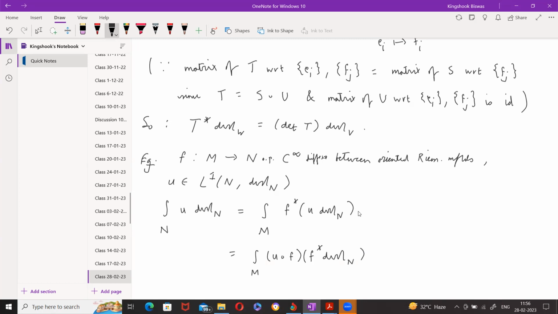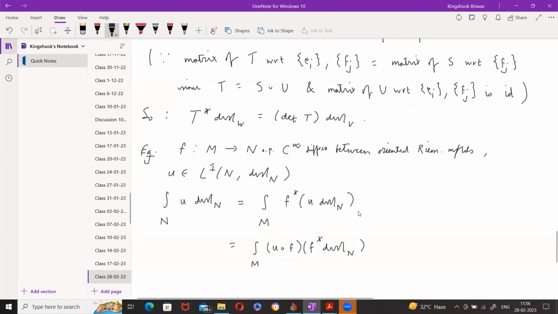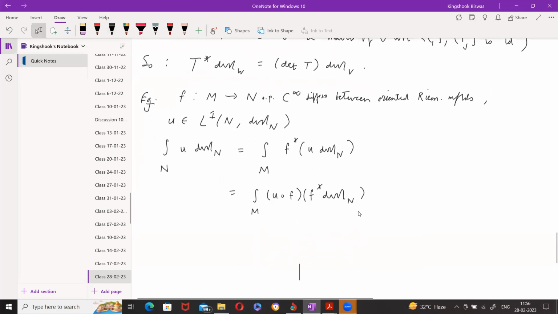So what will F star of dvol_N be? By what we did earlier, this is just the pullback under the linear map dF. So you'll get determinant of dF times dvol_M.